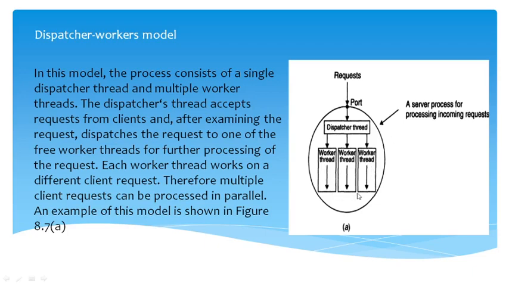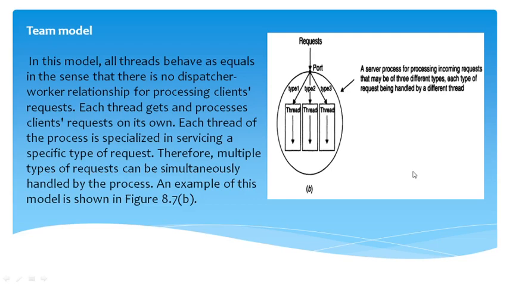So this is an example of the dispatcher workers model. There will be one dispatcher thread and many worker threads. The dispatcher thread will dispatch any request from the client to a free worker thread. These worker threads will run different clients' requests, so they can run in parallel.